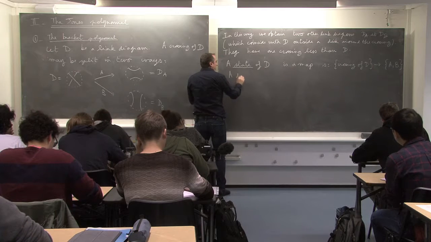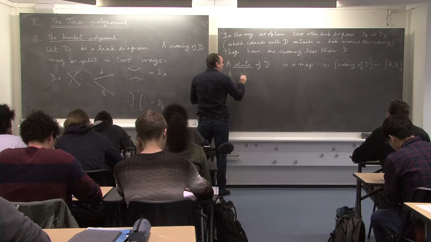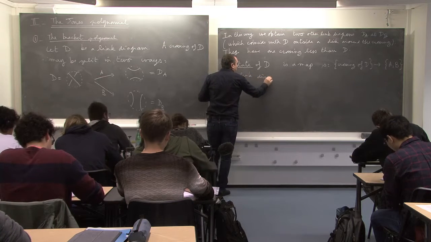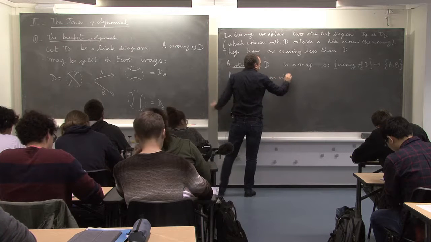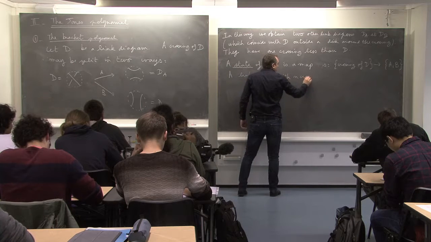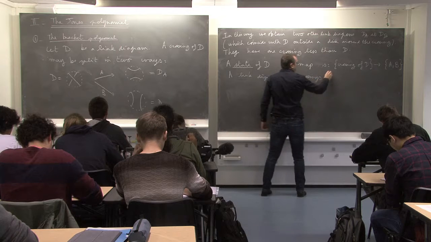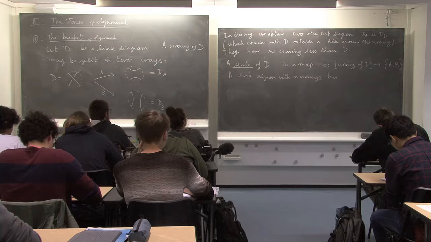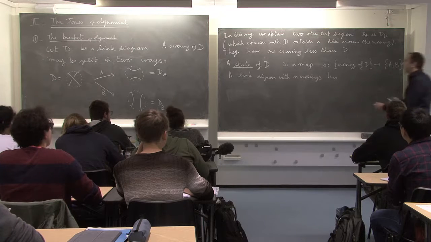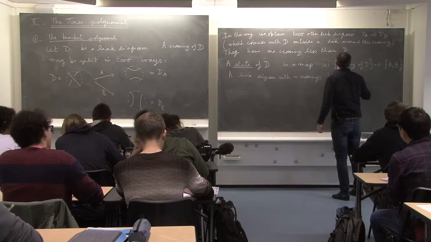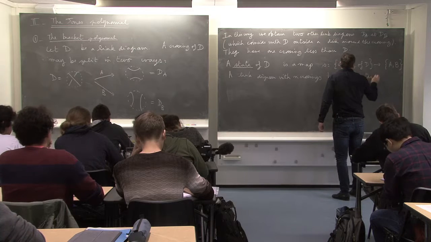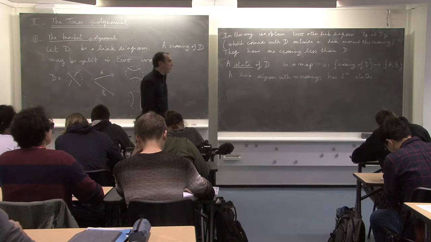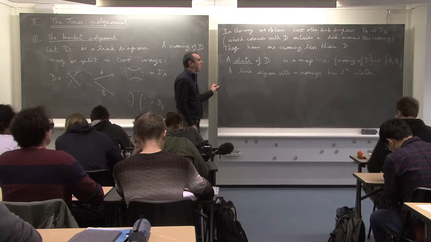So if you have a link diagram with n crossings, how many states? 2 to the n. There are 2^n states.